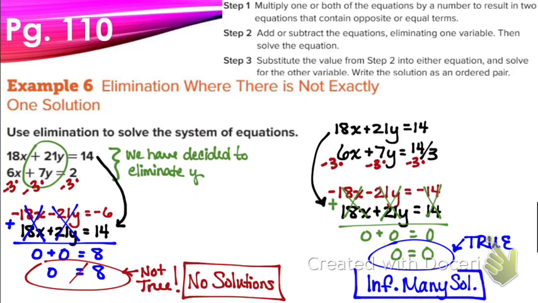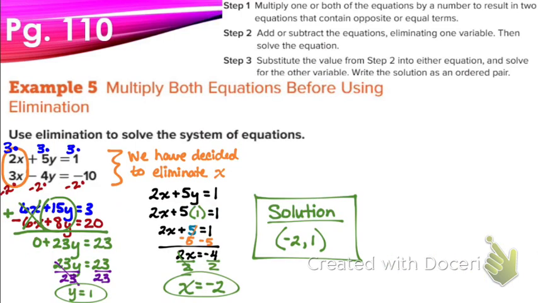Your book didn't have an example of one like this, so I decided to put one in because we need to know what this means. If that happens but it's not true, it's no solution. If this happens and it is true, then we have infinitely many solutions. If we can find an x and find a y, that is my one solution situation.